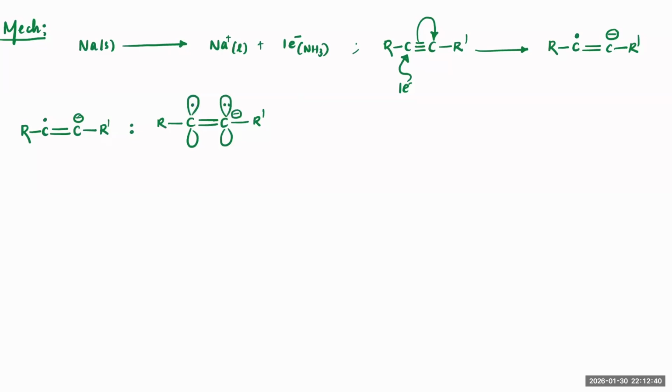To minimize this repulsion, the structure of the orbital will change. This carbon will remain sp2, pushing the single electron into this orbital, while the other orbital moves into a hybridized orbital opposite to each other, so that they can minimize the repulsions.